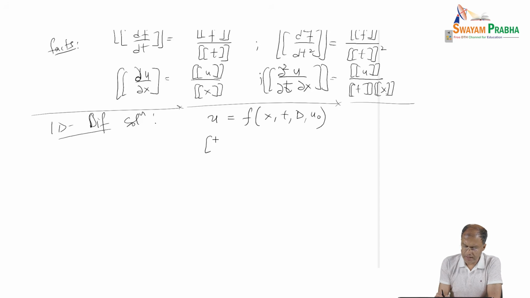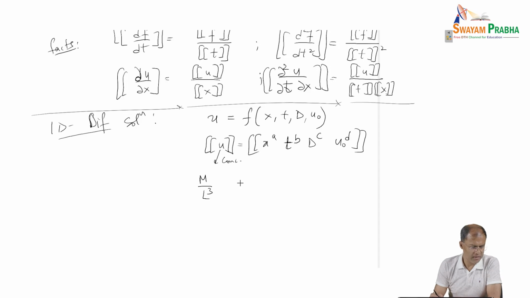Now we set up the dimensional analysis. So u is x to the a, t to the b, D to the c and u naught to the d, right? And u is a concentration, so this is going to be mass per unit volume, the concentration.